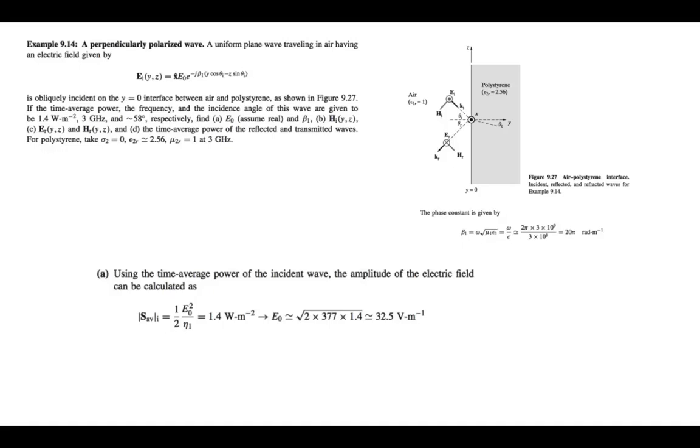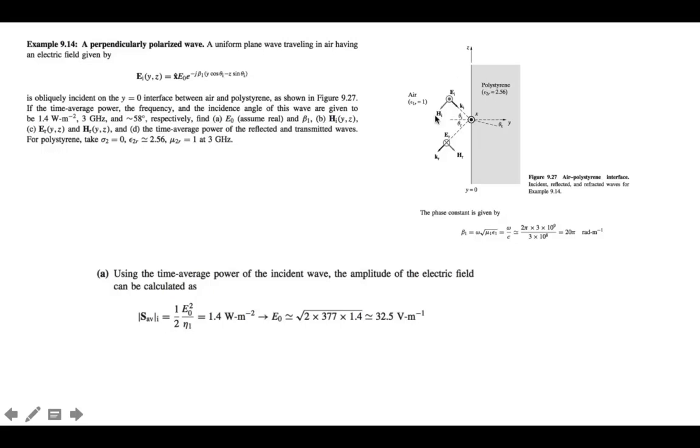So in this particular example, we have a uniform plane wave. It's traveling in air. Here's the incident wave right here. It's obliquely incident, and in this case, the interface is at y equals 0, and E is in the x hat direction.